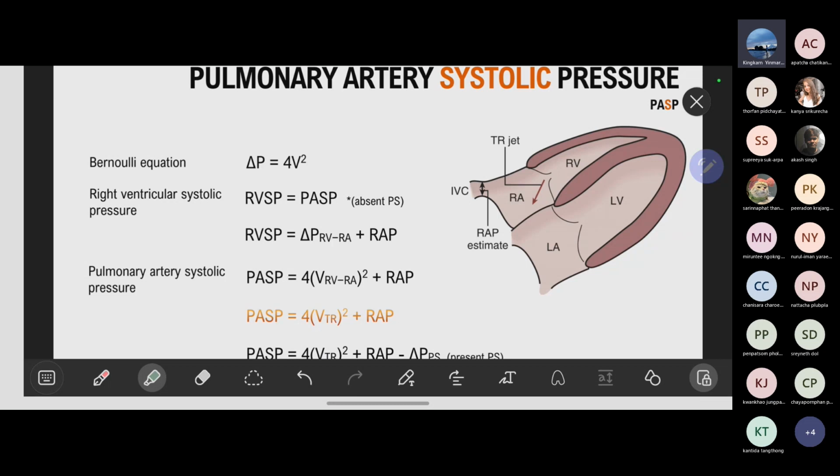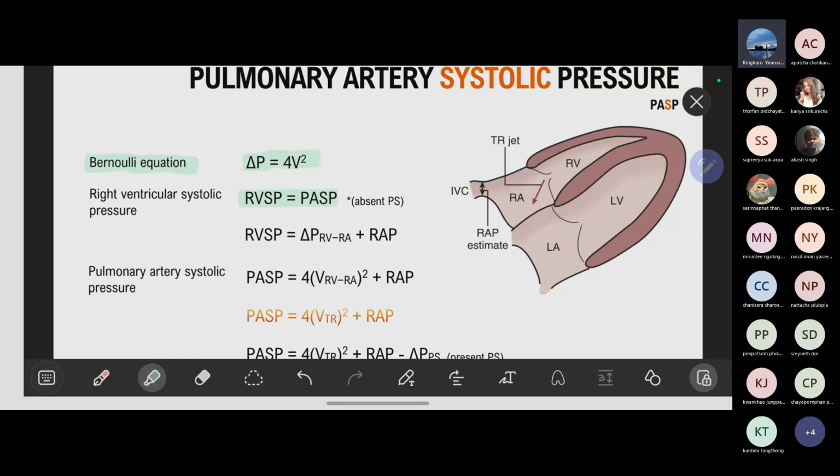Next is measurement of pulmonary artery systolic pressure. Pulmonary artery systolic pressure is derived from the Bernoulli equation, which is delta P equals 4 multiplied by V squared. When the pulmonary valve opens, pulmonary artery systolic pressure is equal to RVSP. It is like when you open a door, the pressure difference across two rooms is equal.